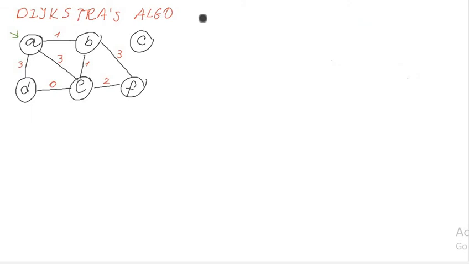Okay, the first thing we're gonna do is write all the nodes we have: A, B, C, D, E, F. And for A, we will write on the right side all the nodes that are connected to A. So the first is gonna be B, and near it we'll write the weight.